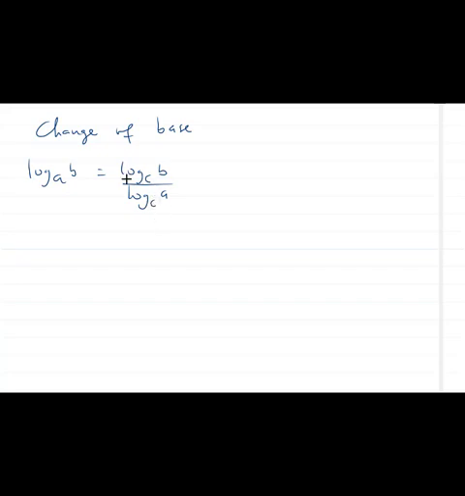So we realize that we have been able to change the base of a to the base of c. For example, given log base 4 of 16, I can write this as log 16 over log 4, and I'll pick any base. Let's say I pick base 2. So I've changed it from base 4 to base 2.